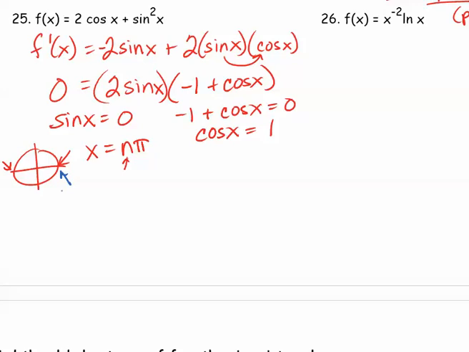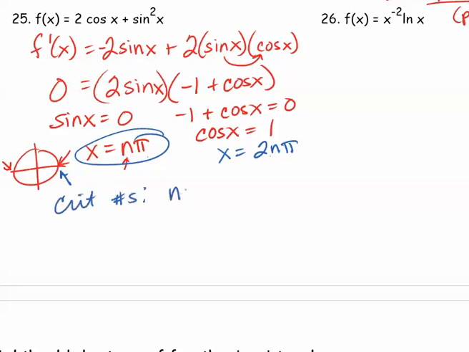So the cosine of x, if we were answering this individually, would be at 2n pi. So it would be at 0 pi, 2 pi, 4 pi, and so on. But this one certainly takes care of that. n pi covers 2n pi. So I think that could be our answer for our critical numbers at all multiples of pi.